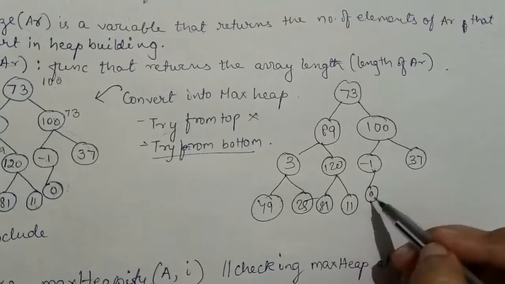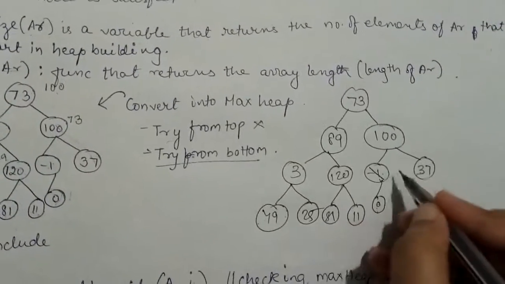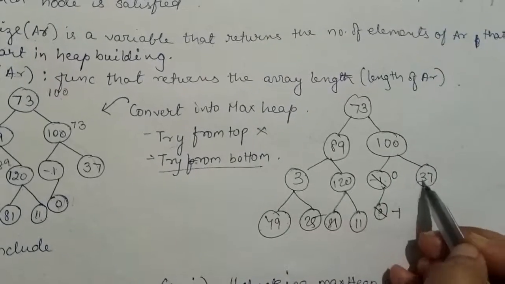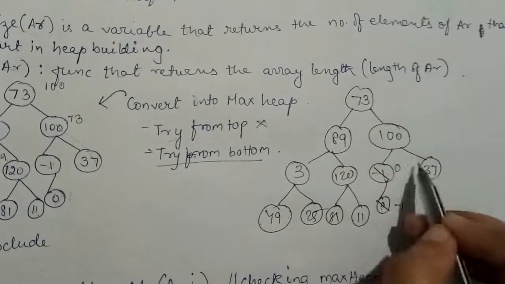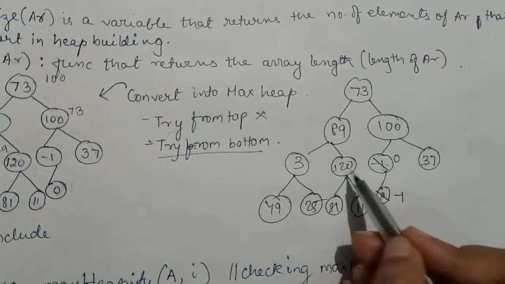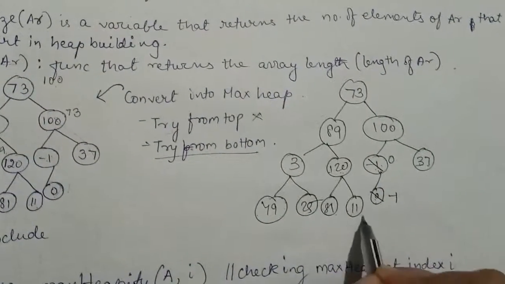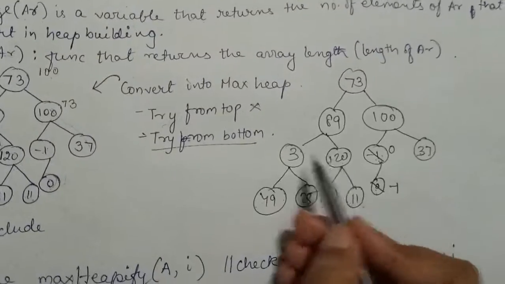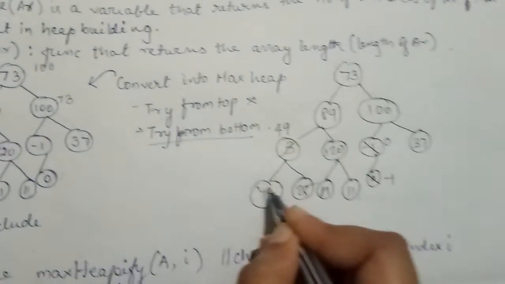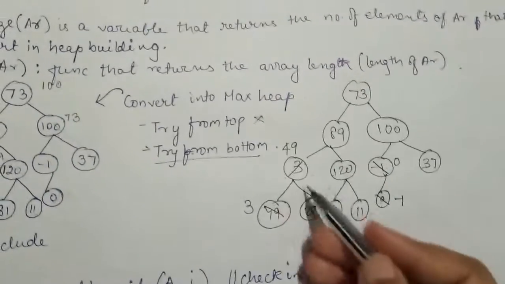So minus 1, 0, here we have to check, make it 0, here minus 1. 100, 0, 37, it is fine here. Then jumping to its previous element, that is 120, 81, 11, yes, it is fine. Jumping to the previous thing, this has to become 49, this has to be 3.